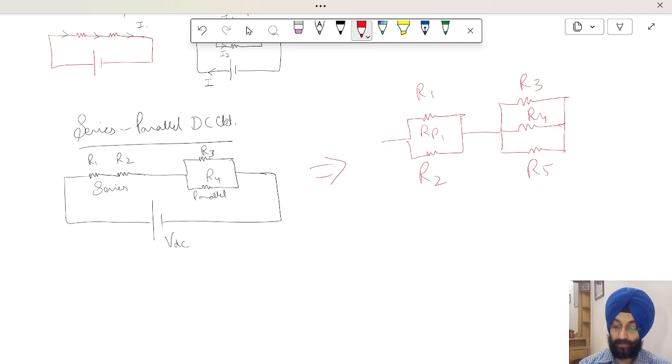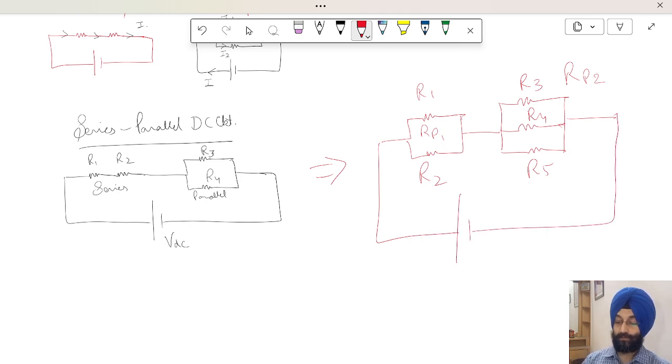If this circuit is supplied with DC voltage, the current will flow in it, and this circuit will also be known as a series parallel DC circuit. So whenever there is a combination of series and parallel resistances or loads within a single closed path, it will be known as a series parallel DC circuit. I hope you understand this.